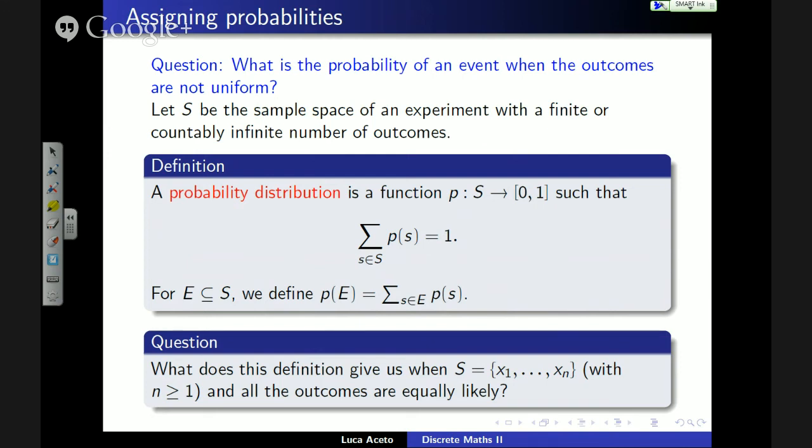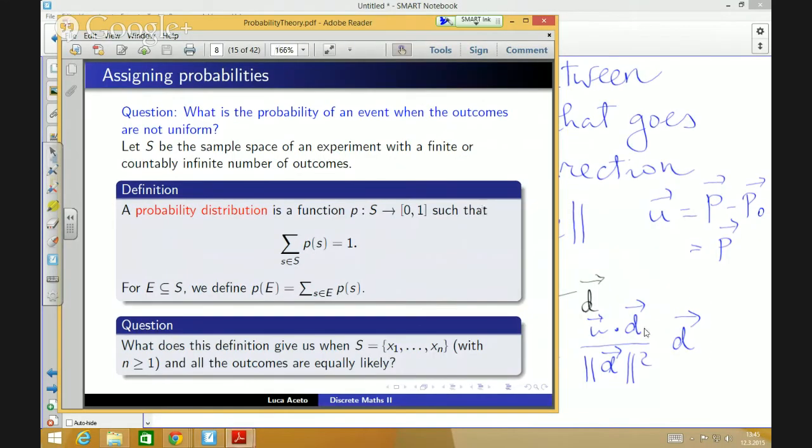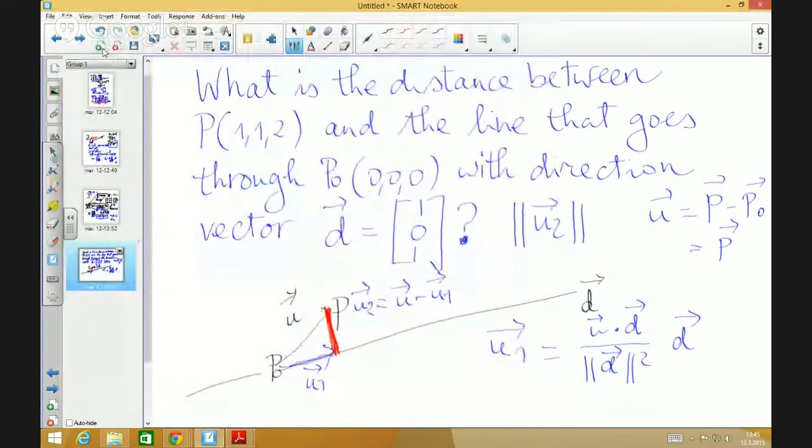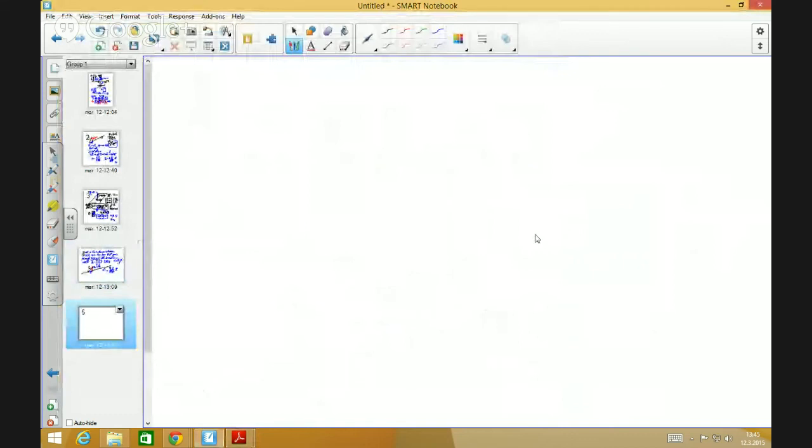Okay, so for instance, suppose that I have my set of outcomes, which are head and tail. But I have a biased coin.